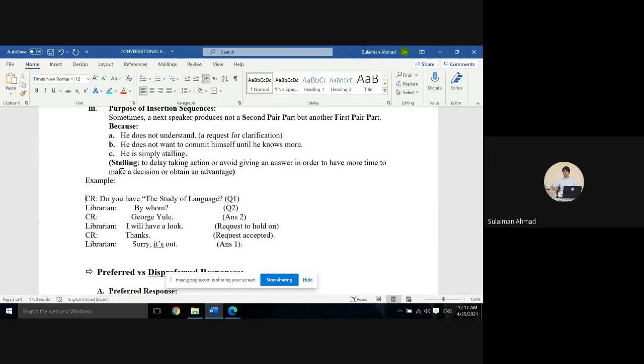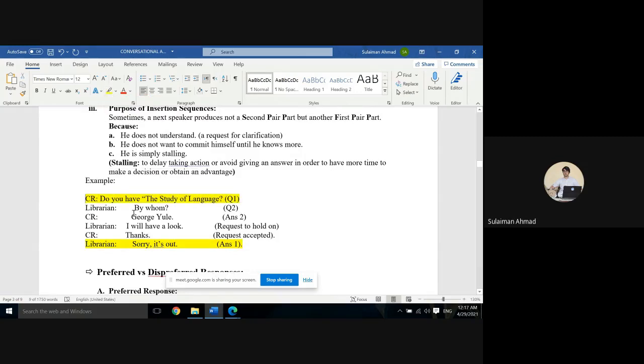If the CR calls the librarian and says, do you have The Study of Language? That is question number 1, right? Its answer, the answer given by the librarian, is, sorry, it's out. It's out means it's not available in the library right now, right?